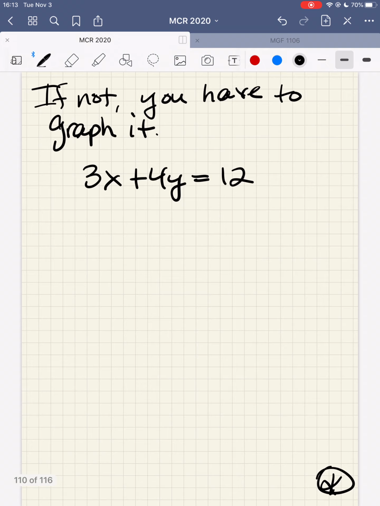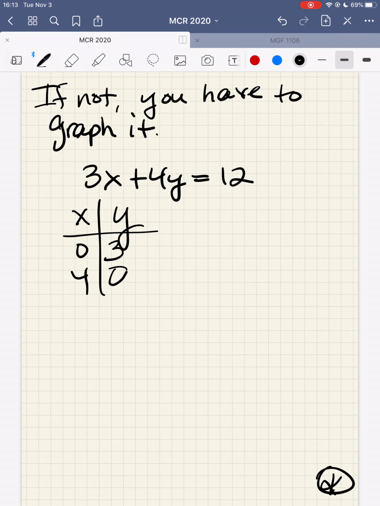All right. So if we don't want to transfer this into slope-intercept form, then I just have to graph it like I did before, I like to use my intercepts. Okay, and you could just go ahead and graph your line from here. And I'm going to do it nice and big on this page. And I got 4, 0.